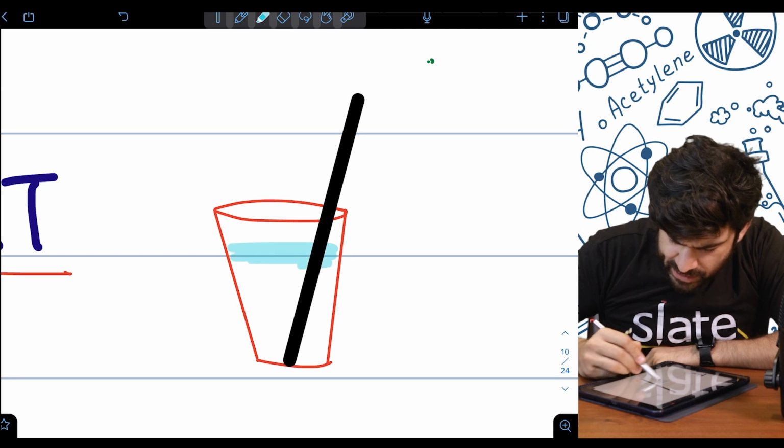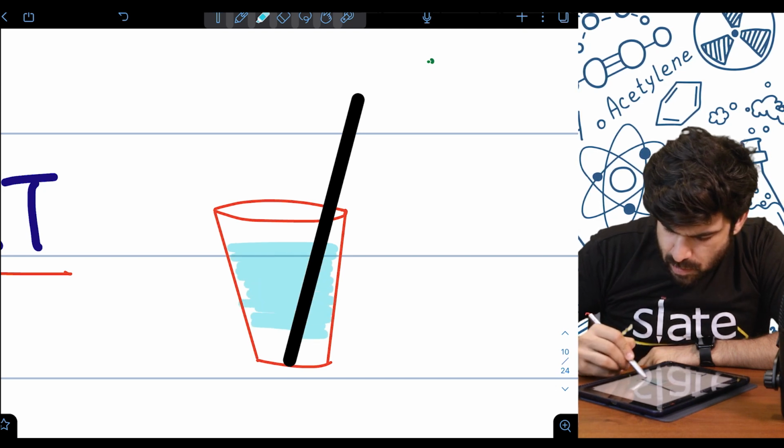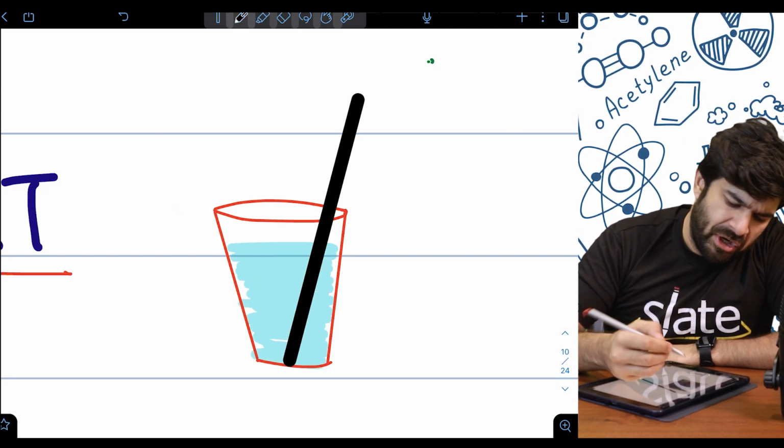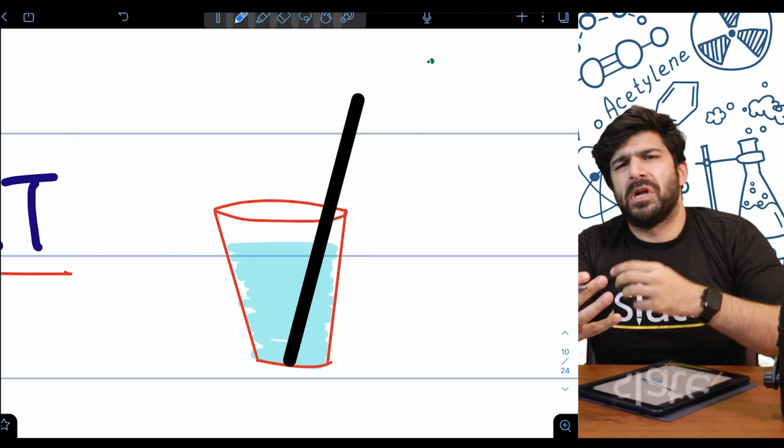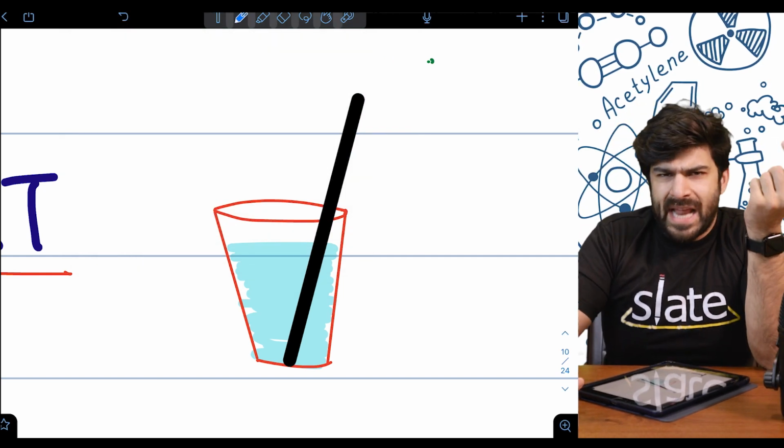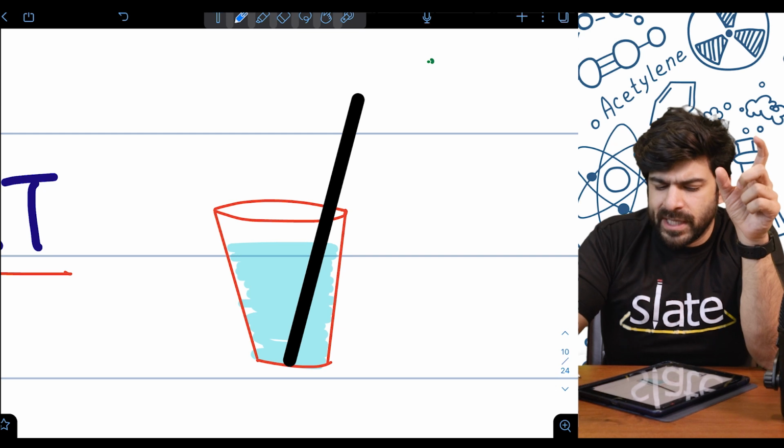This is the water inside. For instance, it can be anything in aqueous medium. So we're using something in aqueous medium.